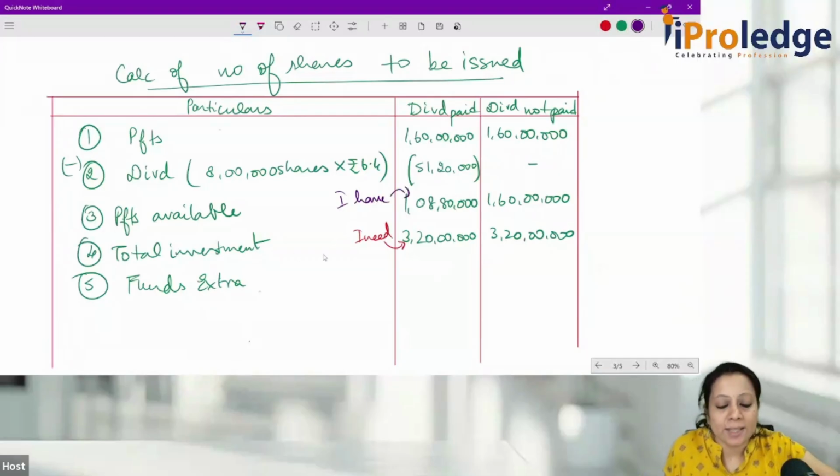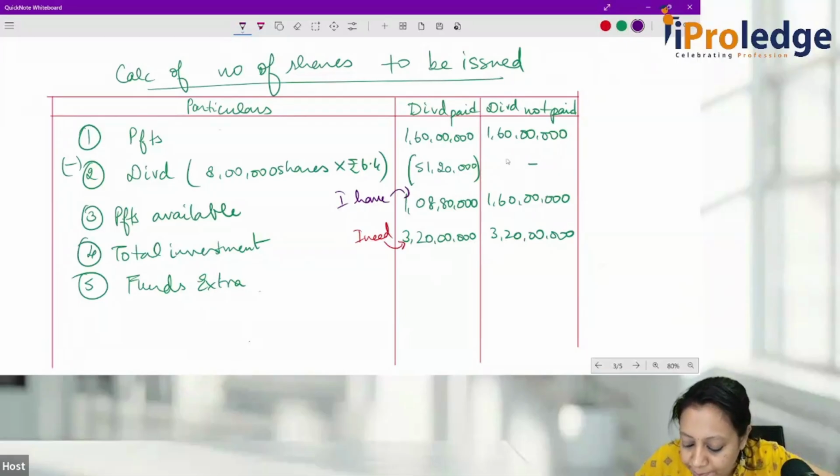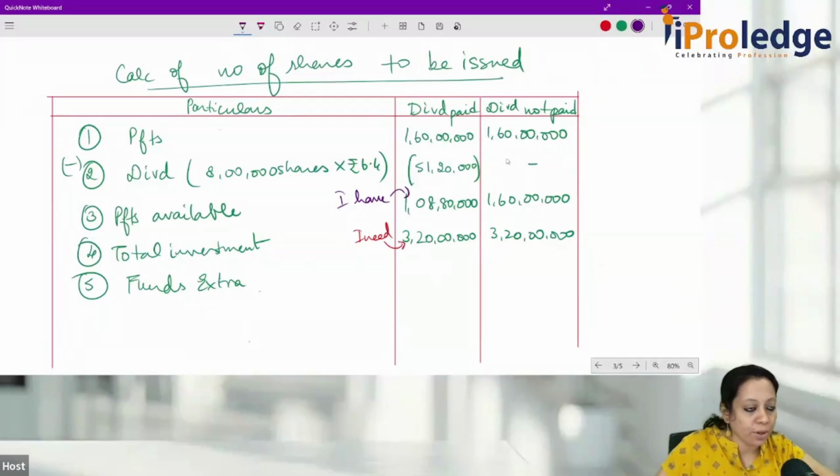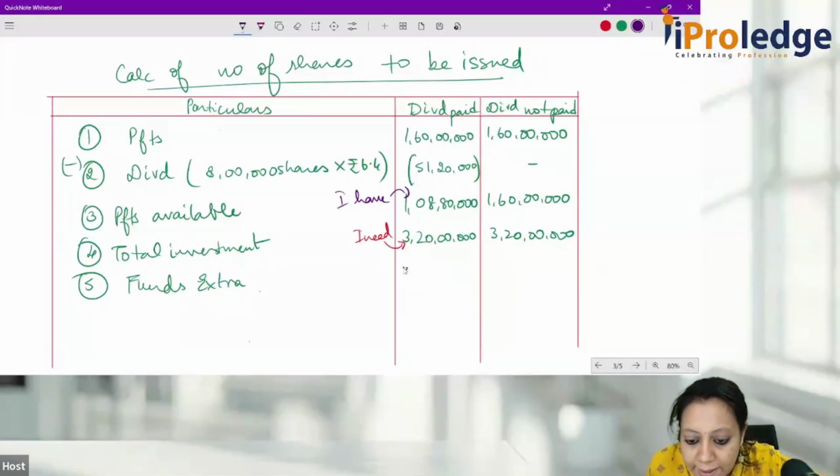That means how much is balance required? 3 crore 20 lakhs is what I need. But I already have 1 crore 8 lakh 80,000. Out of 3 crore 20 lakhs, I already have 1 crore 8 lakh 80,000. So how much balance do I need? 2 crore 11 lakh 20,000.